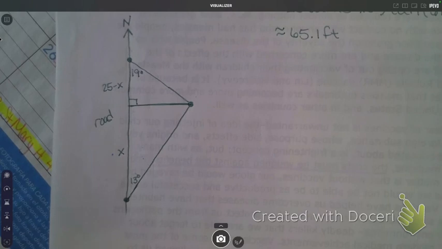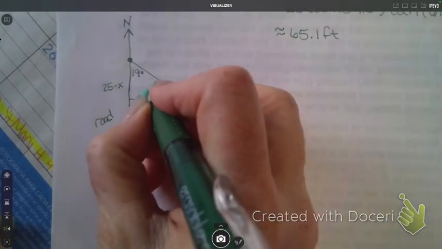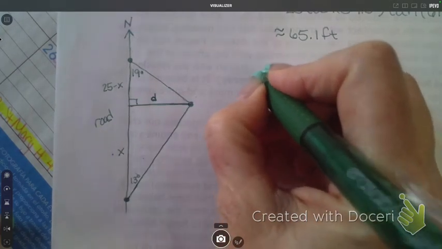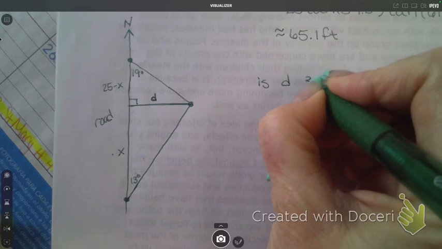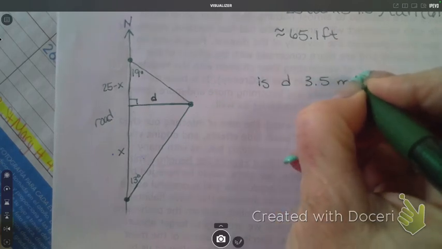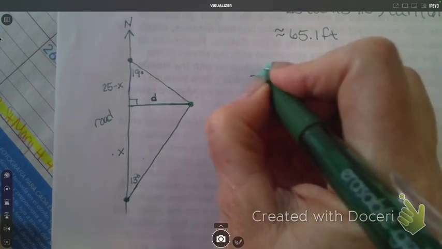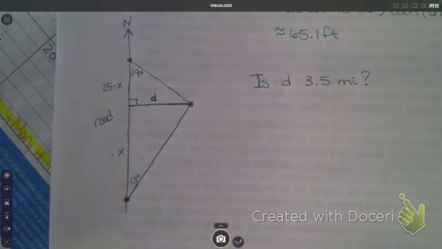Make sense? So we are trying to figure out if this distance right here is 3.5 miles. That's our question, right? I'm going to put a question mark. I probably should put a capital S or I. So how are we going to do that?